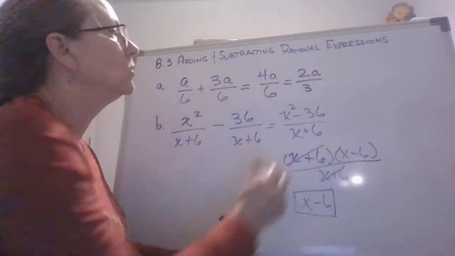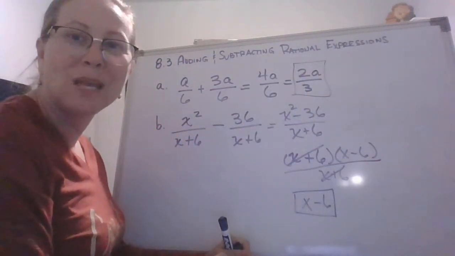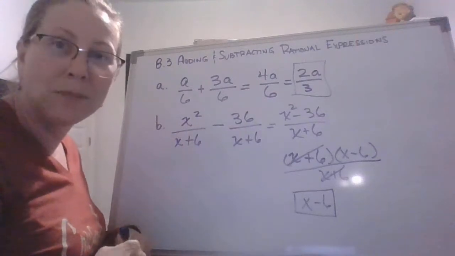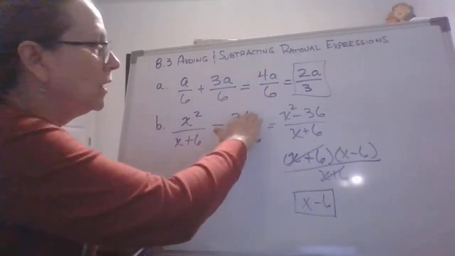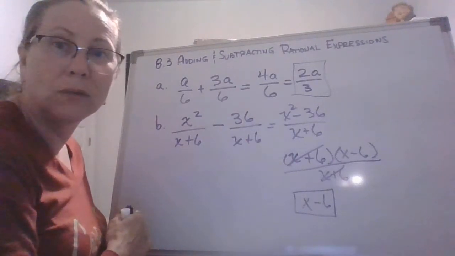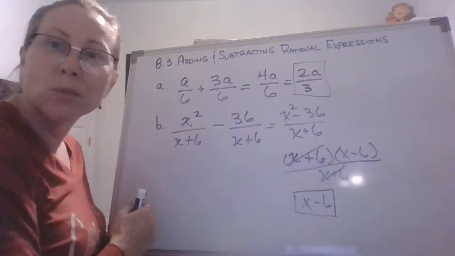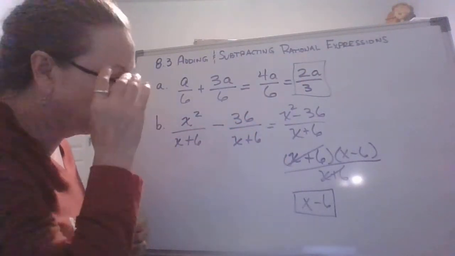For our final answer, sorry, I forgot to box my answer there. So when you have a common denominator, it's just a matter of doing exactly what we did with the sevenths in the first example, and then simplifying as we did in section 8.1.